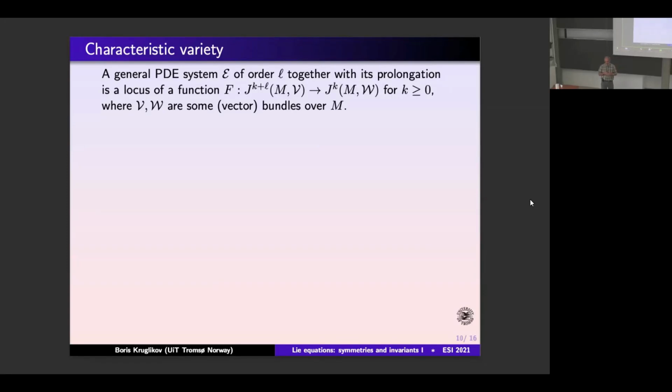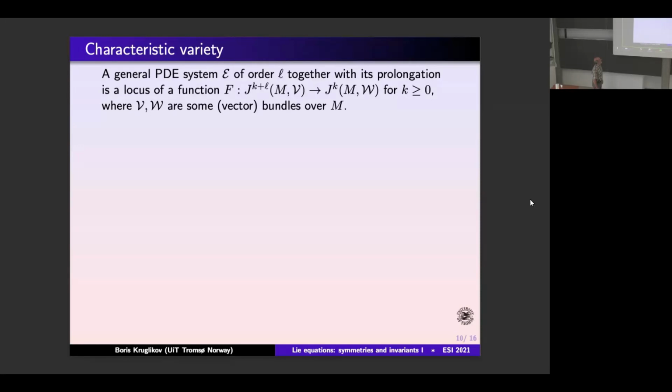We can do a general story here. If you have an operator, you take its whole prolongation, and that basically defines for you a map of jets. It's kind of decreasing order, because a differential operator needs to know more derivatives for the result.